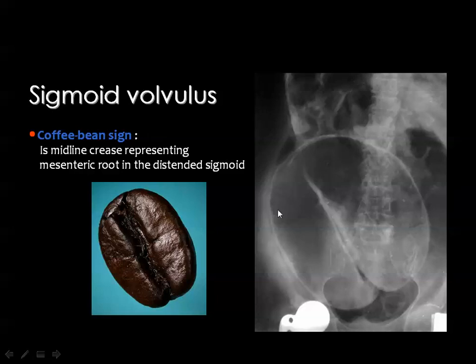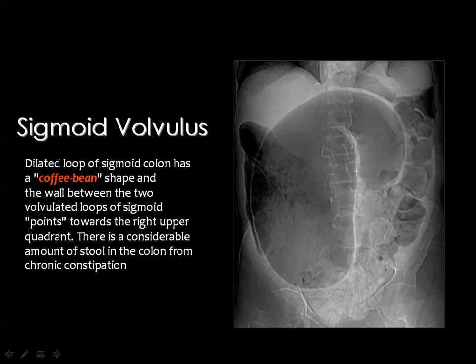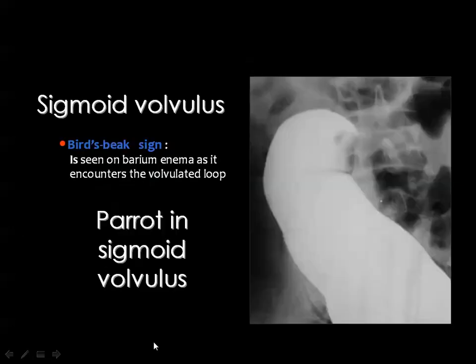This is the sigmoid colon, the bent tube appearance, and the pointing to the right upper quadrant is evident. And this also looks like the coffee bean sign with huge distension of the sigmoid colon and the inverted U configuration.